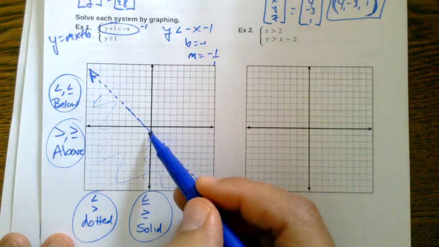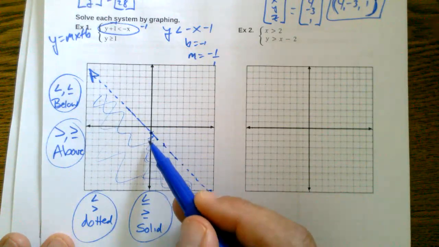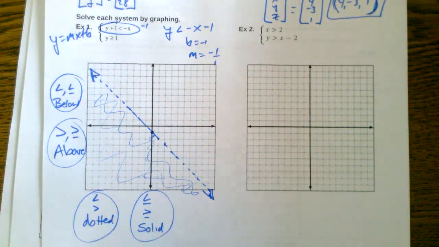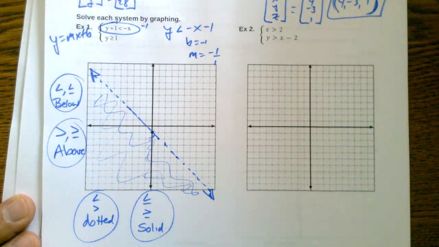So I find the y-axis, and I shade down it. So this graph would be everything below that point. Some people use coordinate points and they check it. I just remember above and below. If I'm below you, I'd be going down right here.